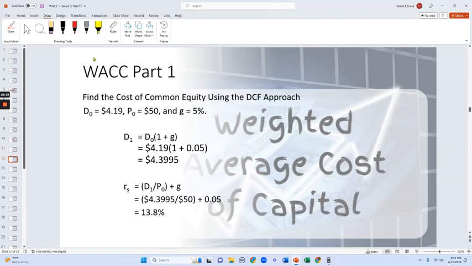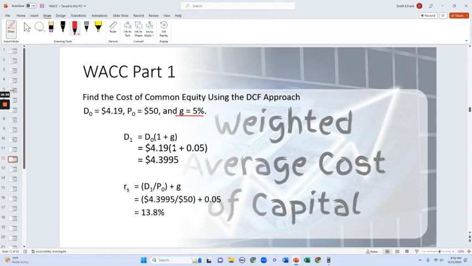When you use the constant growth model to back into it like we were just doing before, we find out that the cost of the equity or the return required on the stock is the dividend at time 1 over the price at time 0 plus G. Well, we had to grow the dividend. We had the dividend at time 0, but we did not have it at time 1. So we had to grow D0 to become D1. We knew the growth rate was 5%.